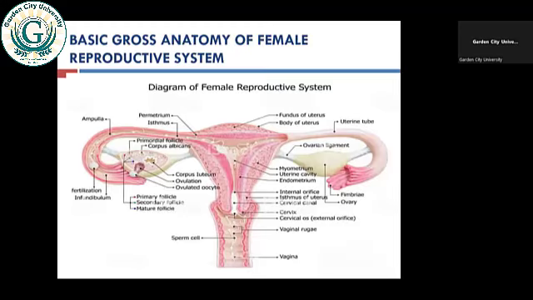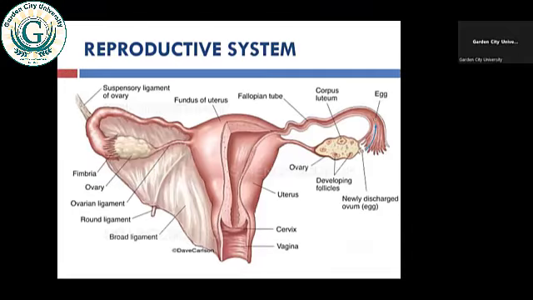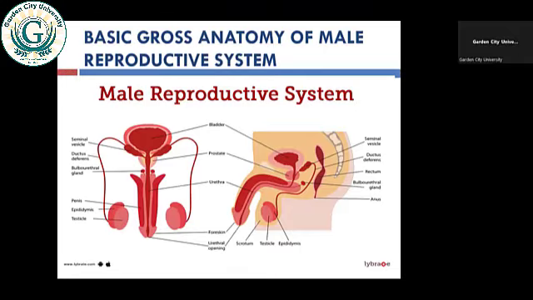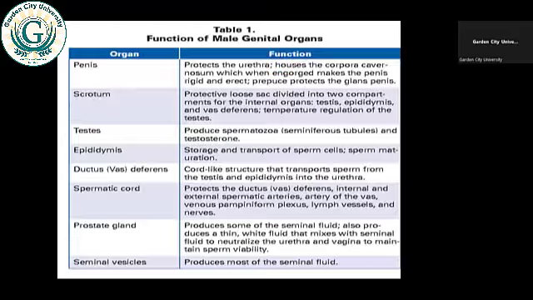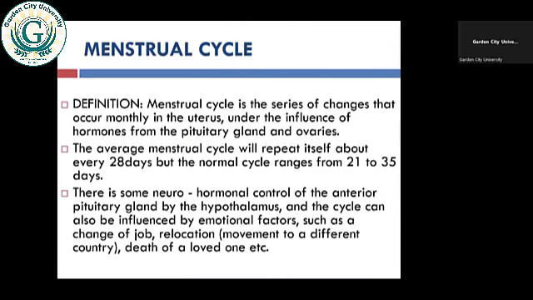We discussed that. Then you were shown the gross diagram of the gross anatomy of the female reproductive system, and then the male reproductive system. So go and read and know the functions. We also discussed the menstrual cycle, that it is a cycle that lasts for 28 days.